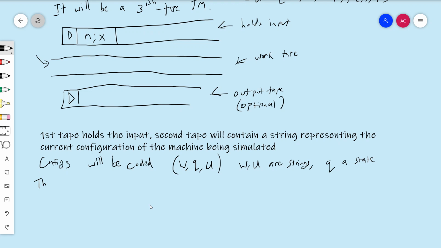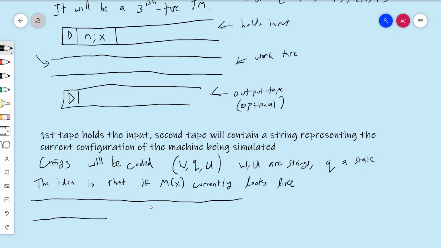The idea is that if M of x currently looks like this, it's going to have a string W, and then something here.